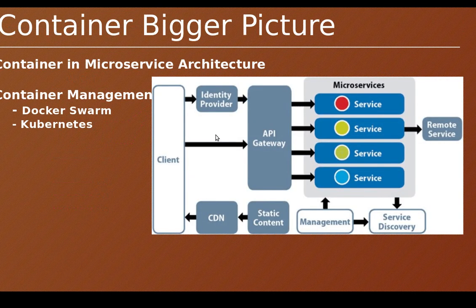Okay, so the container bigger picture. If you go with the microservice architecture, where exactly does a container fit? This slide will give you details about that. If you see the diagram here, this is a microservice architecture. In microservice architecture, the responsibility is divided into multiple services.